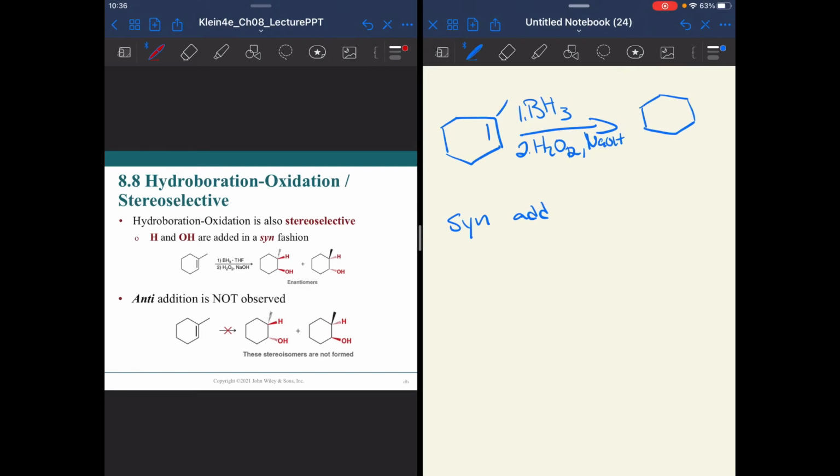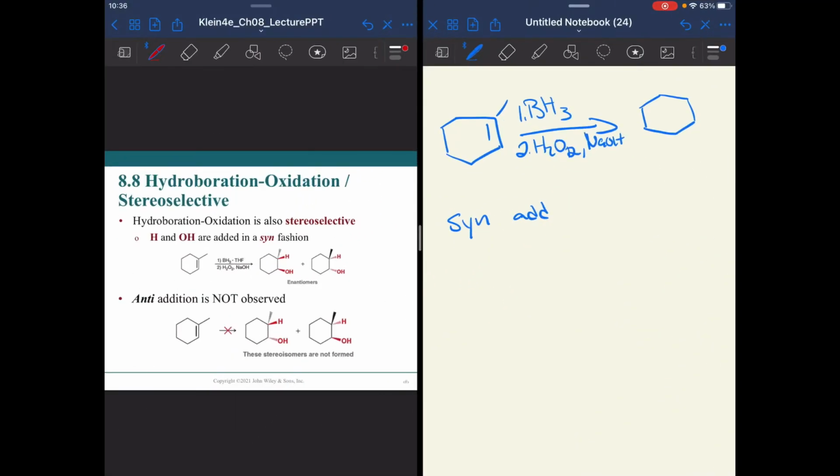So what are the two things that are added? It is an H and an OH. And they are going to go on the same side of that double bond. So if the methyl group is towards us, that means the OH will be going away, as will the other H that was added.